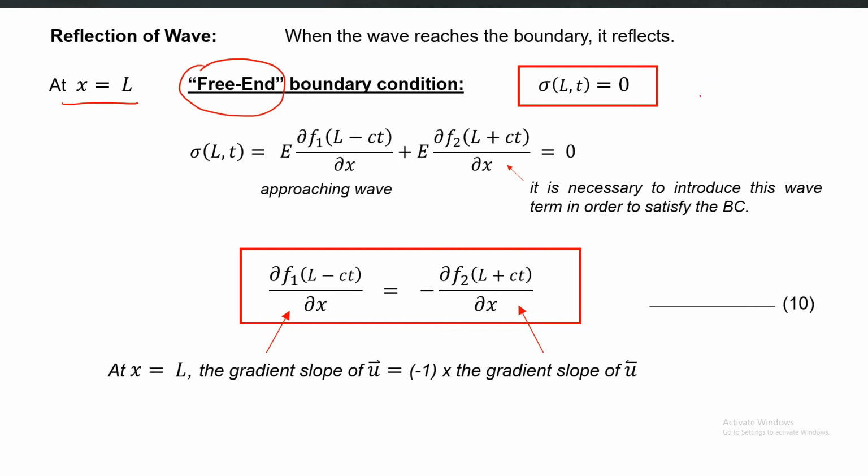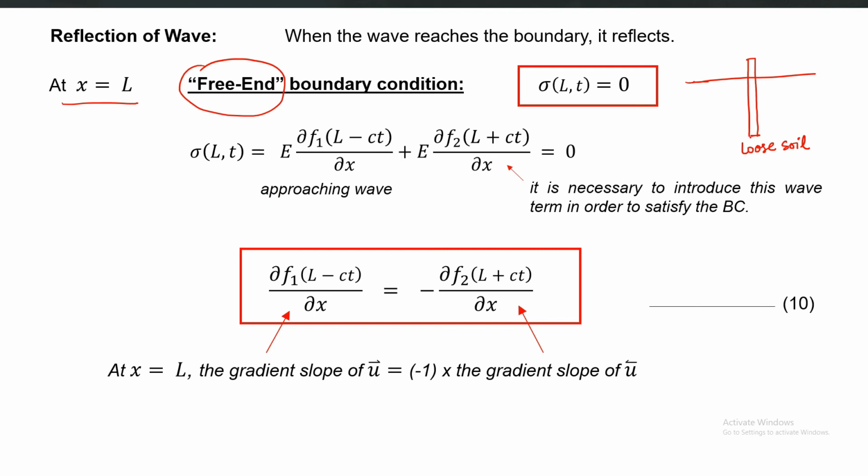Let's mathematically try to understand that. We now know that at the free end boundary condition, sigma will be 0 because there will be no restraint and no stress will be developed at that free end. For example, if you have a pile and this is the ground surface, and the other end is a free end, for example a loose or very loose soil deposit, in that case the other end can be considered as a free end.